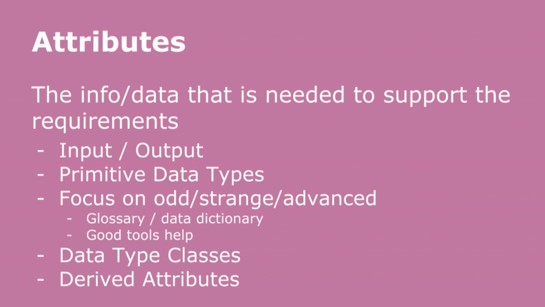Focus on primitive data types. As I said, is it a conceptual class in itself, or is it just something very primitive, a string or a number or something like that? When doing modeling, focus on what is kind of like odd, strange, or advanced.